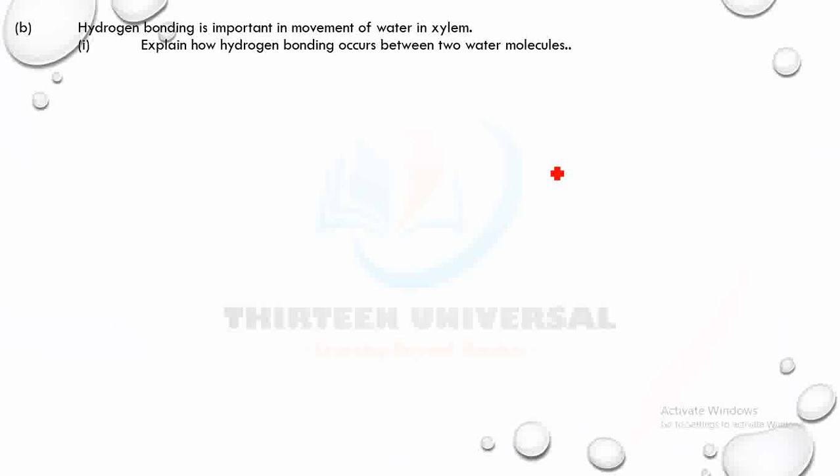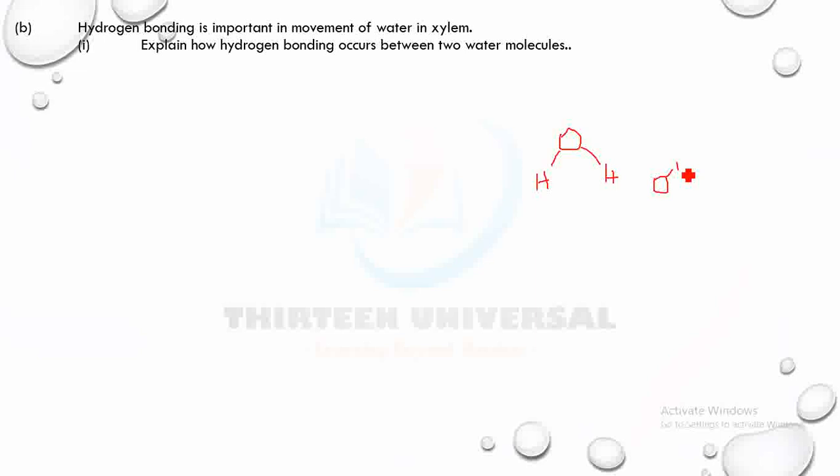Look at this water molecule. The water molecule has hydrogen and oxygen, all joined by covalent bonds. This is another water molecule, and this is the oxygen of that water molecule.